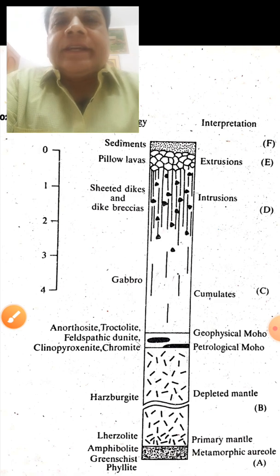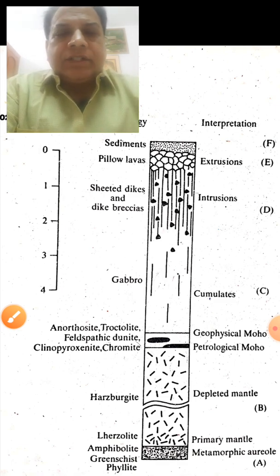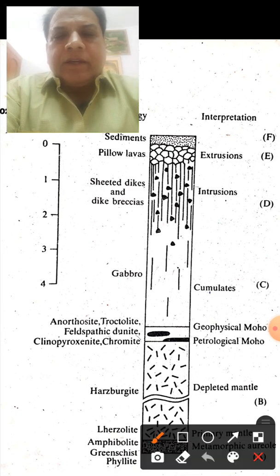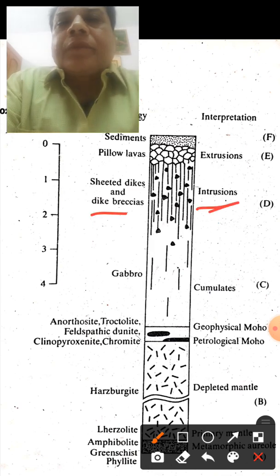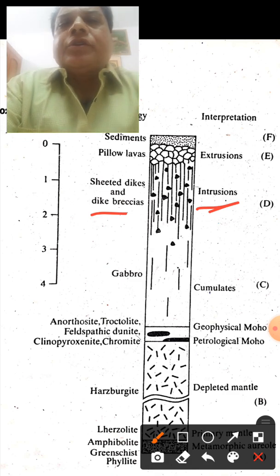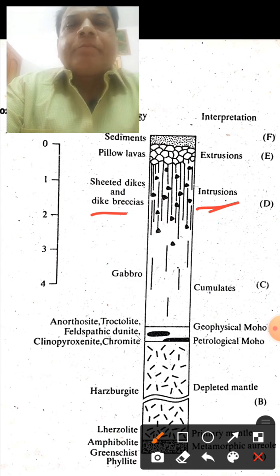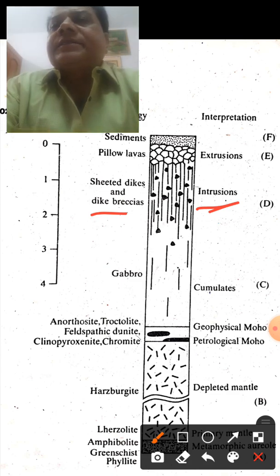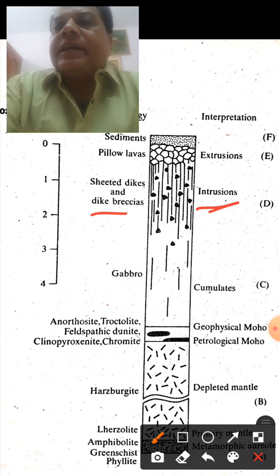Then above C is your D, that is the intrusions of sheeted dikes and dike breccias. Sheeted dikes are found above the gabbro, some of which are strongly brecciated. Dikes are also found within the gabbro below, indicating that dikes are younger than the gabbro.